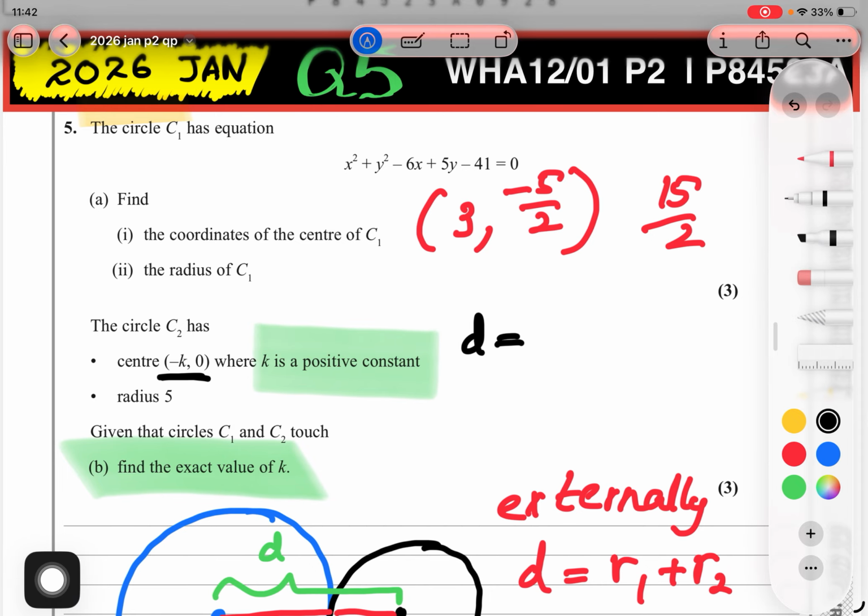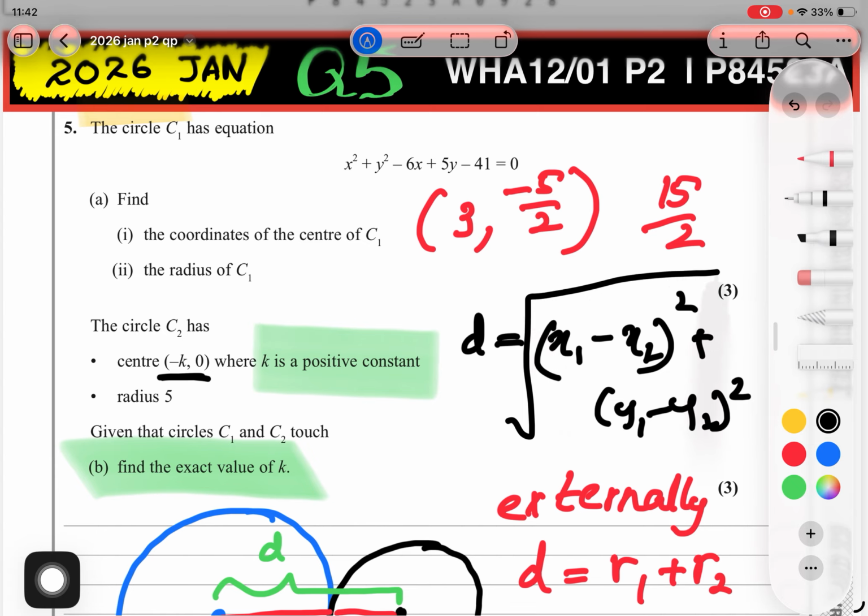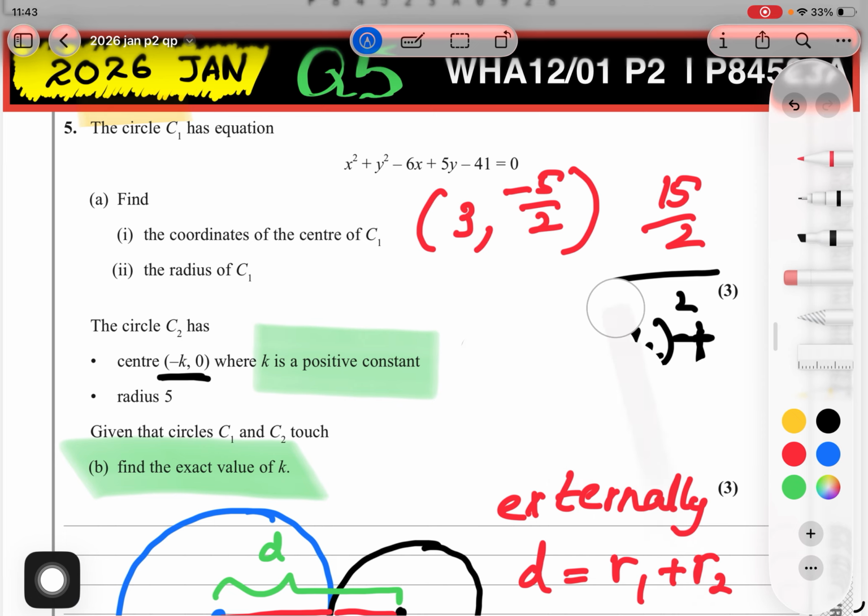So to get the distance between two points, it's always going to be x1 minus x2 whole thing squared plus y1 minus y2 whole thing squared, and you root it. This is the common equation. With this equation we can quickly get that.